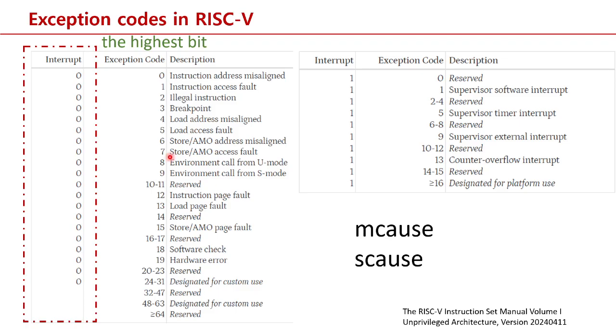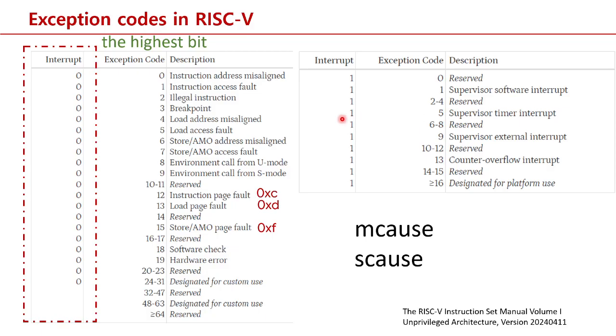If you identify that the highest bit inside the mcause register or scause register is 0, we can deduce that the trap occurs because of an exception. If the highest bit inside this register is 1, the trap happened because of an interrupt. This is an important point whenever you first identify the trap in the trap handler.